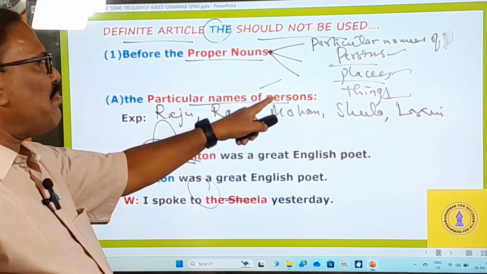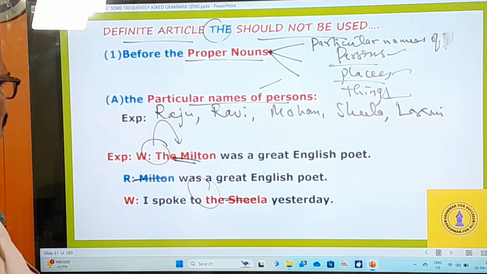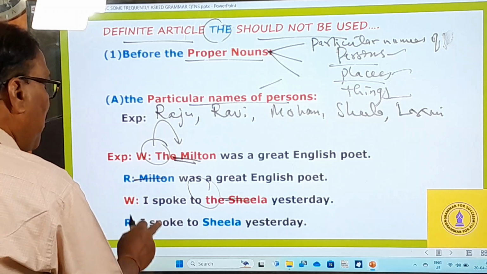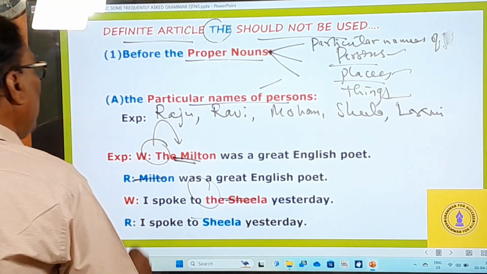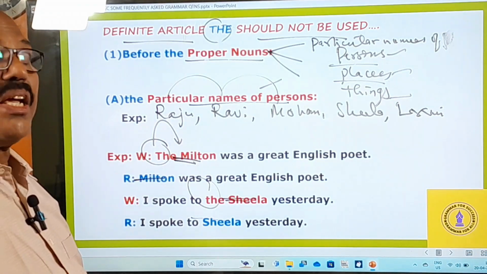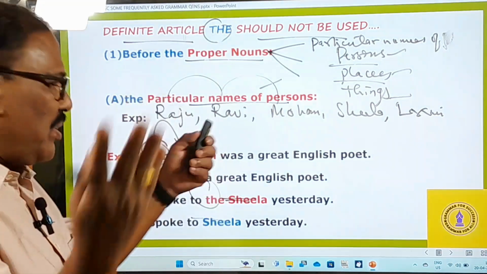Here 'the' is used, and therefore it is a mistake. The right one is 'I spoke to Sheila yesterday.' So before the particular names of persons, we should not use any article, either a, an or the.